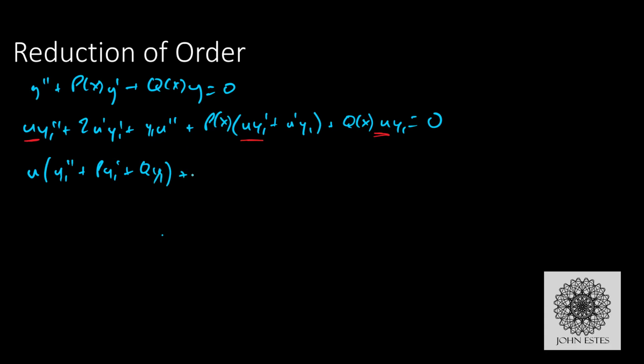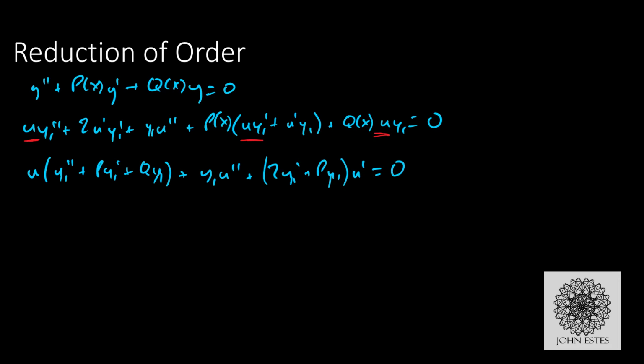Then the things I have left over are y1 u double prime, and a bunch of things that are u prime, which would be two y1 prime plus p y1, all times u prime, and that equals 0.